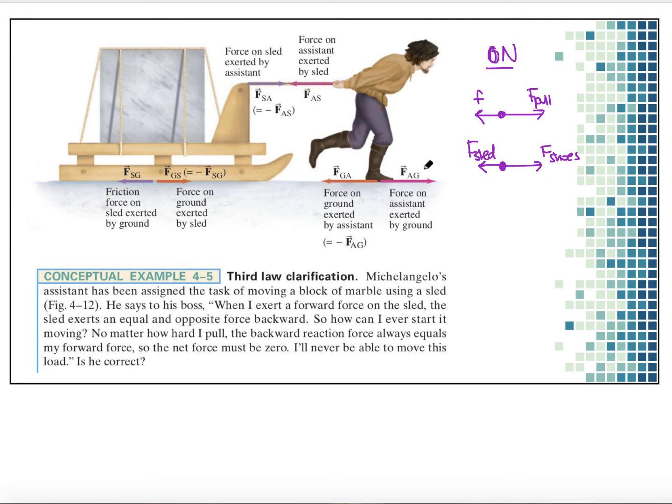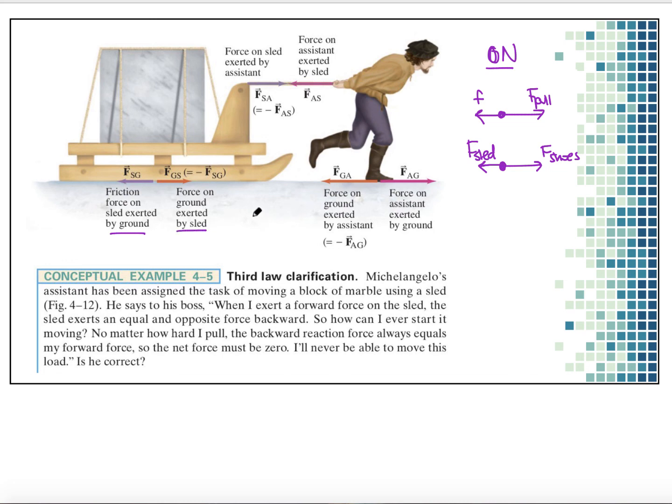Well, if you look, we have several different pairs of forces that are drawn here. And you can see that they're pairs because of these subscripts that are reverses of each other. So if I look at the friction acting on this sled, I have a reaction force for the force of friction. So the force of friction on the sled exerted by the ground is, of course, the opposite and reaction force of the force of the ground exerted by the sled.